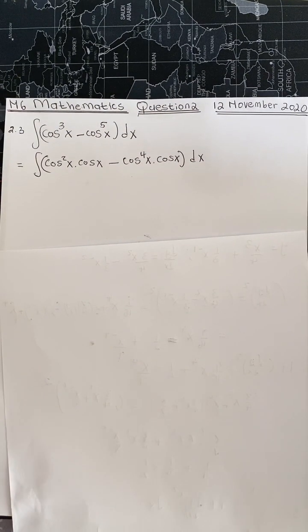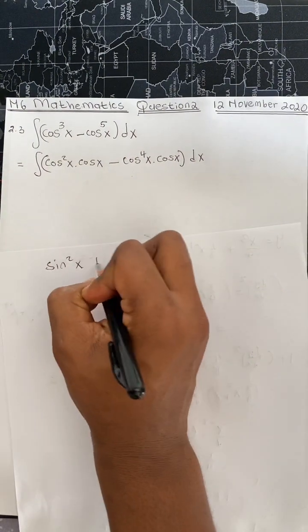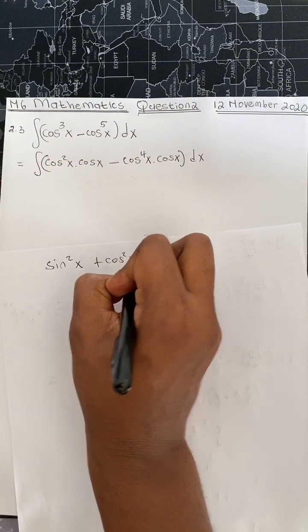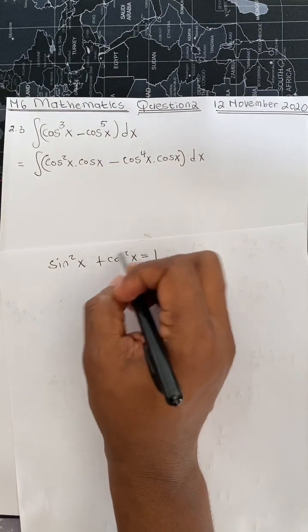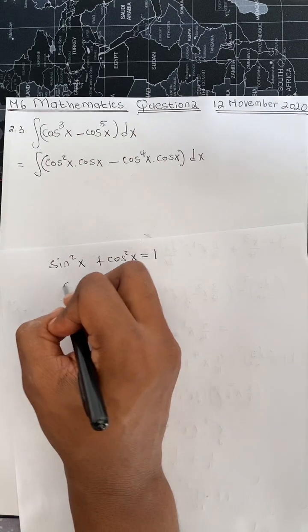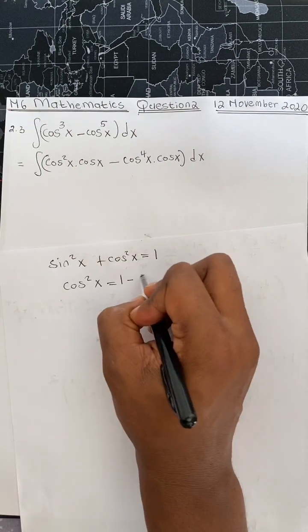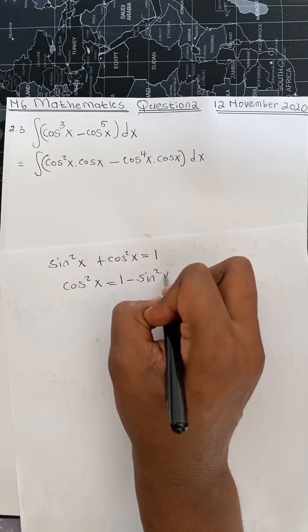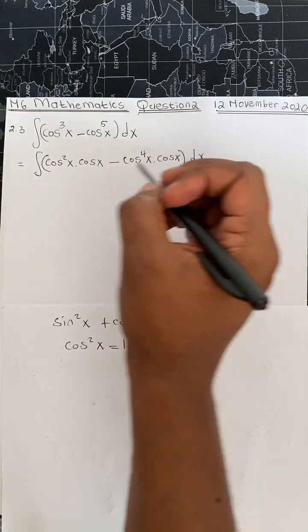And we know from our trigonometric identities that sin squared x plus cos squared x is equal to 1, also available on the formula sheet. So when we make cos squared x the subject of the formula, we'll get that cos squared x is equal to 1 minus sin squared x. But before we can do that, let's break down that cos to the power 4x further.